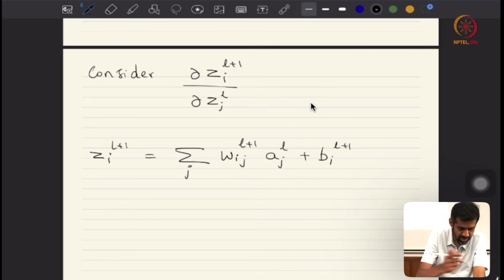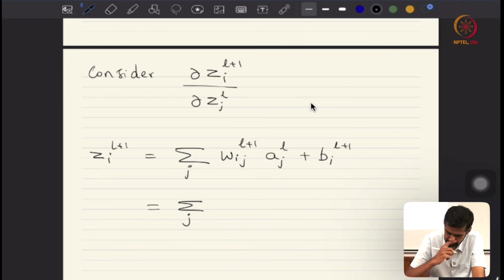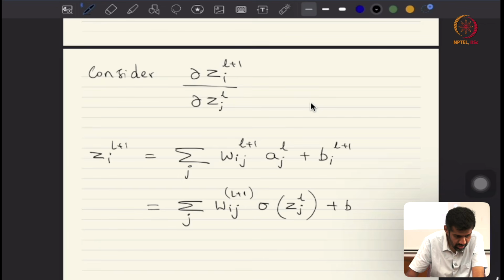Okay. Now this is equal to W_ij^(L+1) times what is A_j? A_j is sigma, because we need it in terms of Z, no, plus B_i^(L+1). This is Z_i^(L+1).